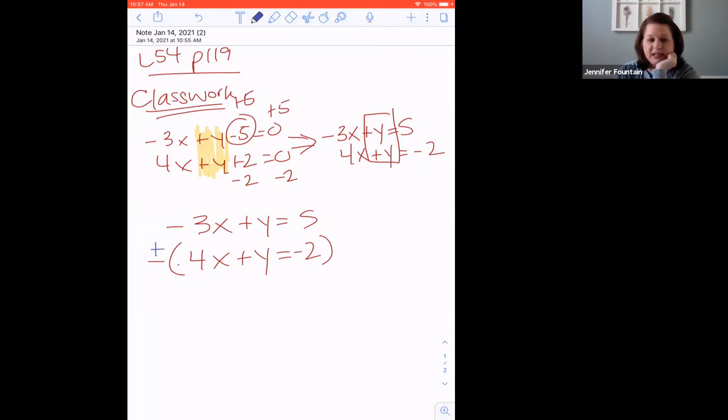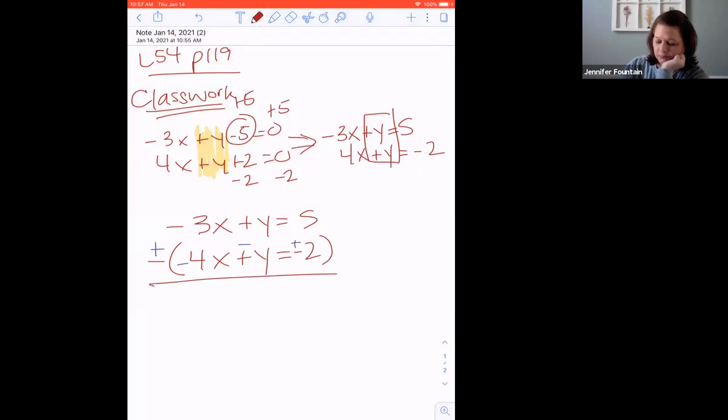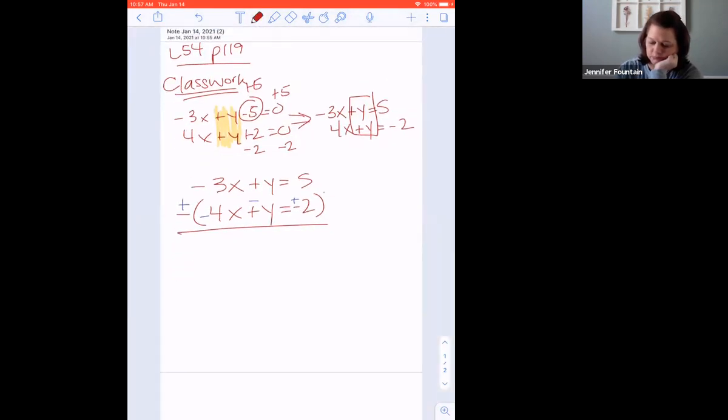Positive 4x becomes a negative 4x. Plus y becomes minus y. Negative 2 becomes positive 2. So I want to go ahead and rewrite that. And I have negative 3x plus y equals 5 plus negative 4x minus y equals positive 2.